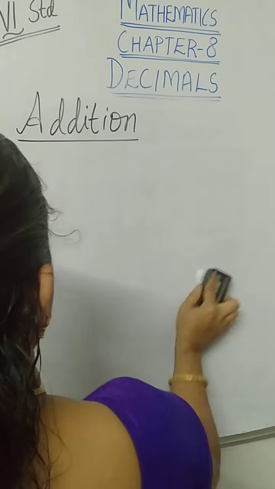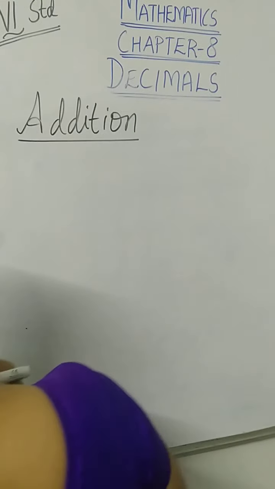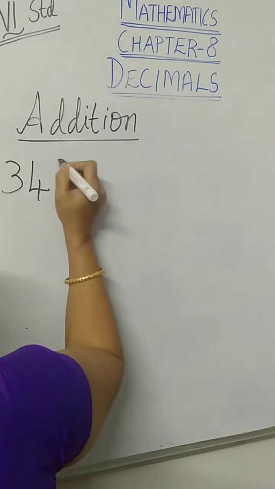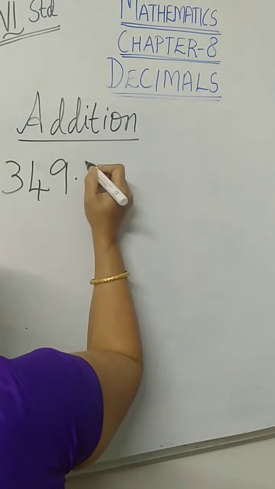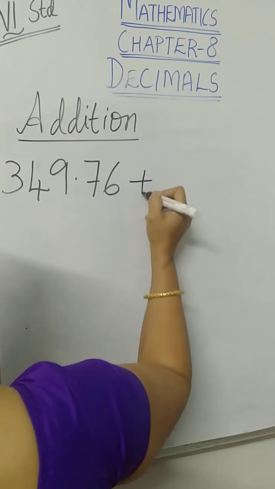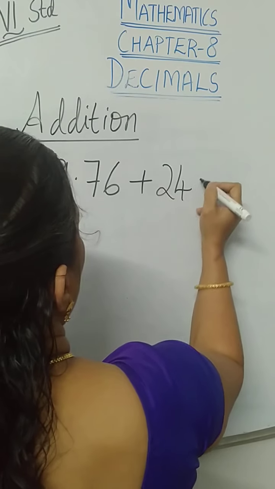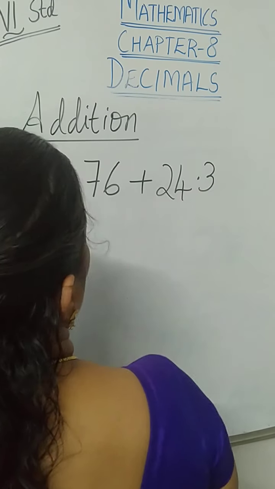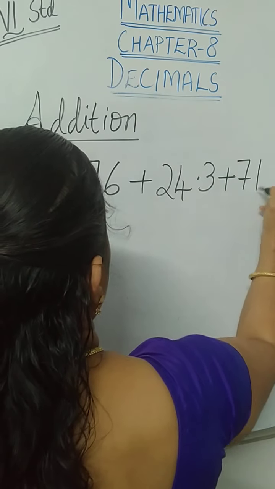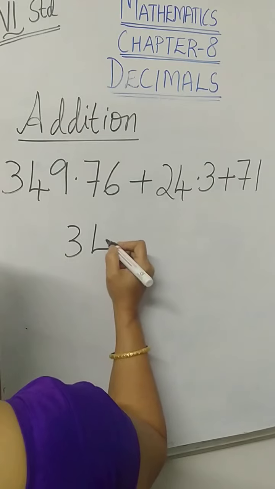Now look here. The next one I'll show you. 349.76 plus 24.3, then plus 71. Let us add now.